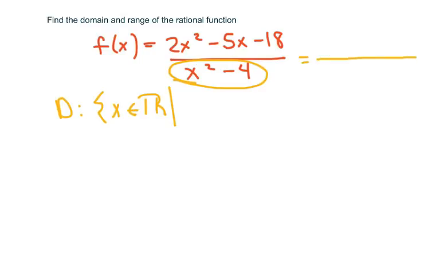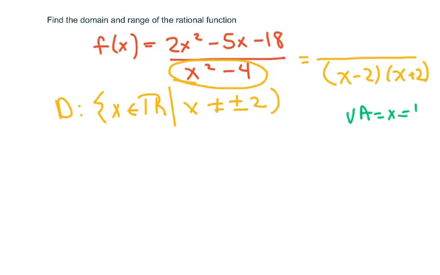What I can do is factor the denominator because it's the difference of squares. So x can't be plus or minus 2. In fact, that's where our vertical asymptotes would be. But it's just asking for the domain. So it's everything but plus or minus 2 because you can't divide by 0. All right?